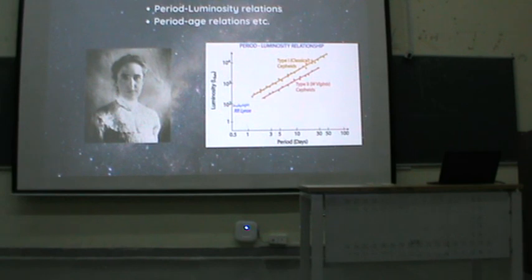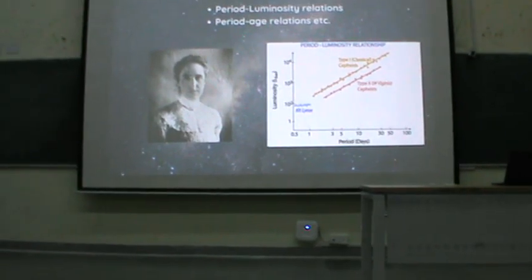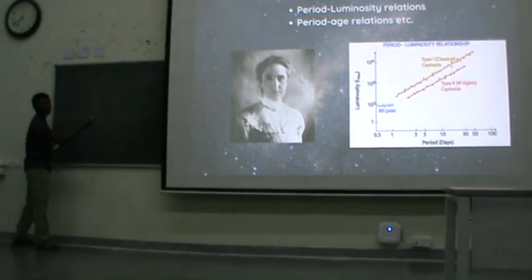What you are observing is the apparent brightness of the star, and that apparent brightness will decrease as 1 by r squared, as you know, right? The further you go from the star, the dimmer it becomes. So the apparent brightness will be proportional to L by r squared.